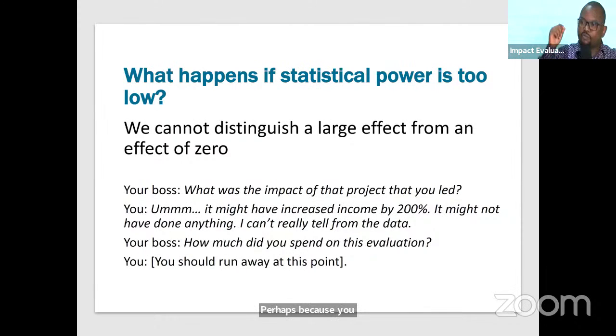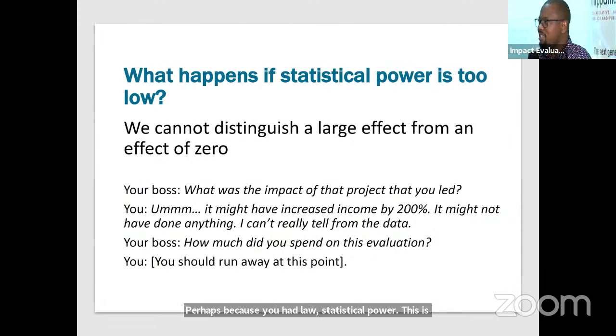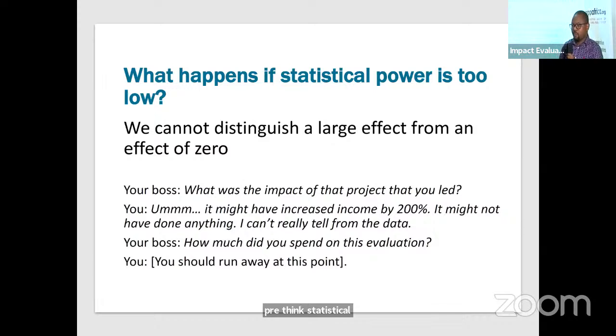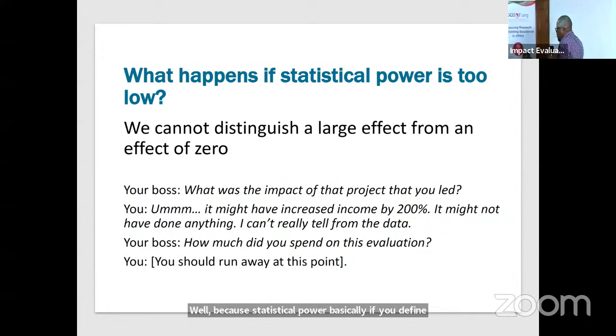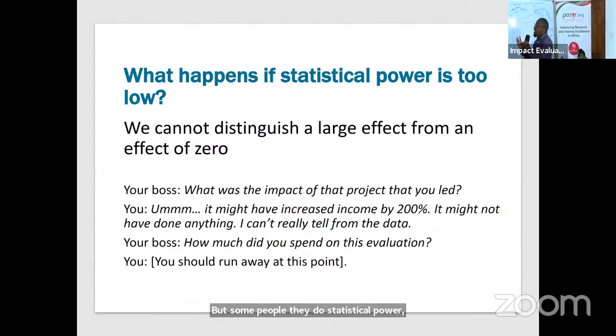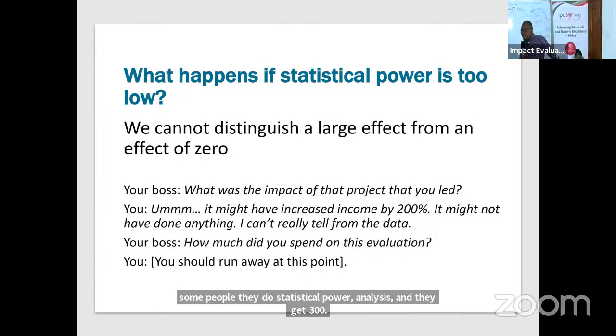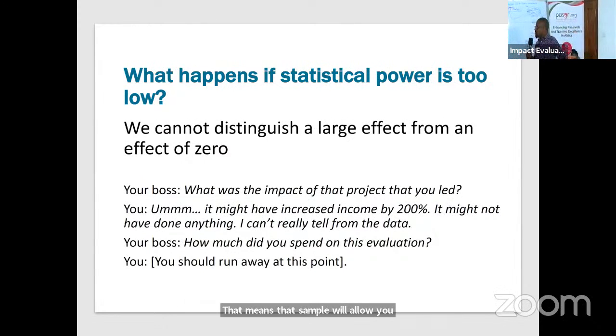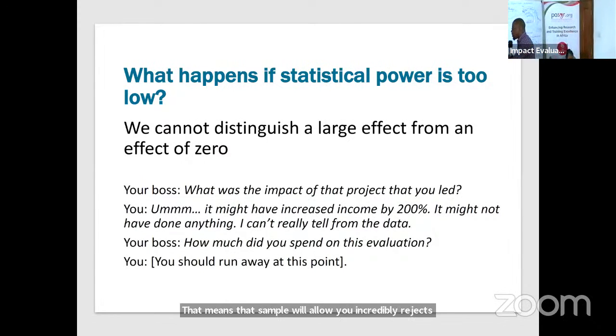This is why it's very important when you're designing a study to pre-think statistical power. Because if you define the sample size, and as I said, the rule of thumb is 500, but some people do statistical power analysis and they get 300. That means that sample will allow you to credibly reject what? Null hypothesis. Are we together?